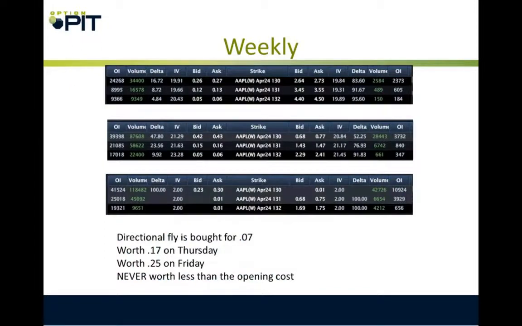So let's take a look at my Apple Weekly. So if I buy that first call that was out of the cone of feasibility, all right, so if I buy the 30, 31, 32 fly, at the end of the day on Monday, I'm paying 7 cents. And it's only $2 out of the money.